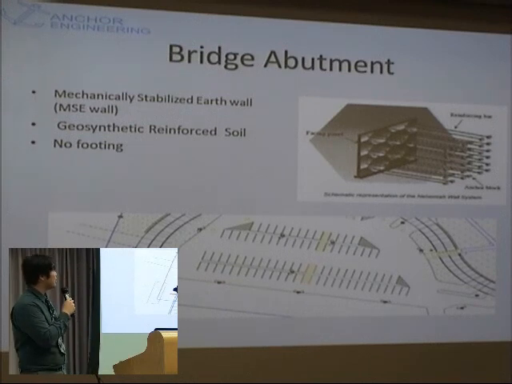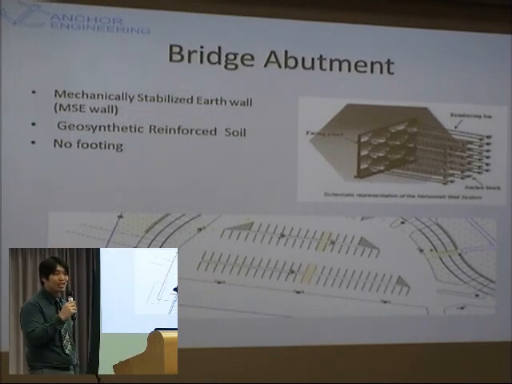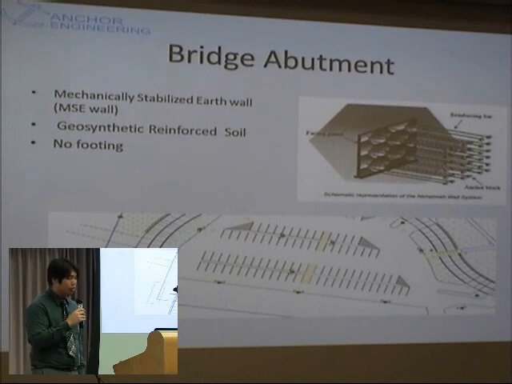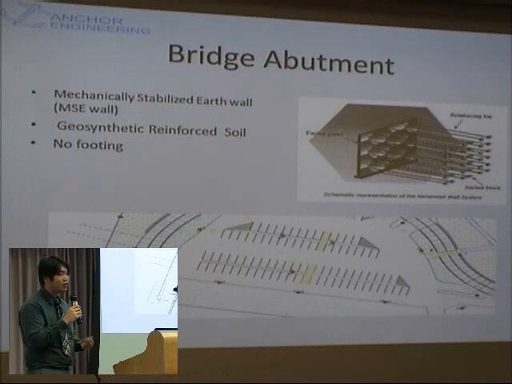The bridge abutment was designed as a mechanically stabilized earth wall. The reason we decided to go with this type of design is due to the fact that a traditional gravity retaining wall would have such a large footing, it would extrude below the rail system adjacent to it that would be included at a later date.